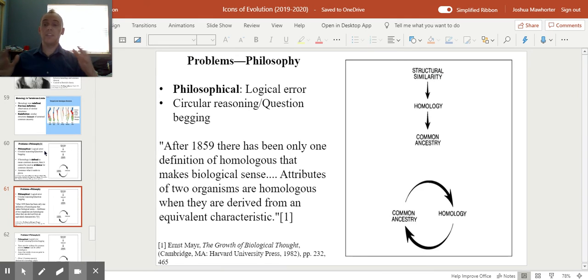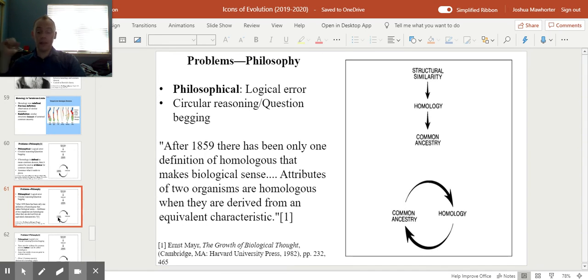After 1859, the definition was changed. Homology, instead of just observing structural similarity, came to mean structural similarity because of common descent, common ancestry. And so attributes of two organisms are said to be homologous when they are derived from an equivalent characteristic. Falls into the same question begging, circular reasoning.